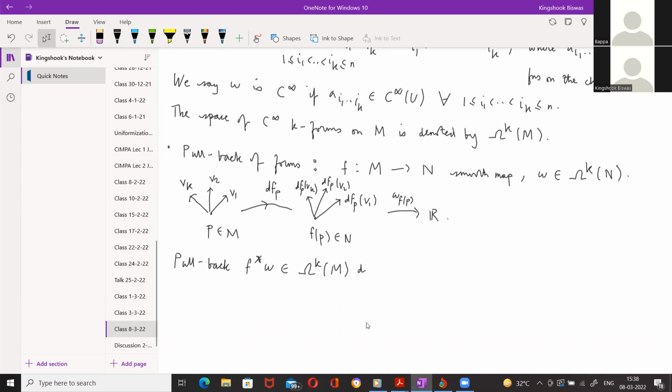This is defined by f star omega at p applied to v1 to vk is omega at f of p applied to dfp v1, dfp vk.